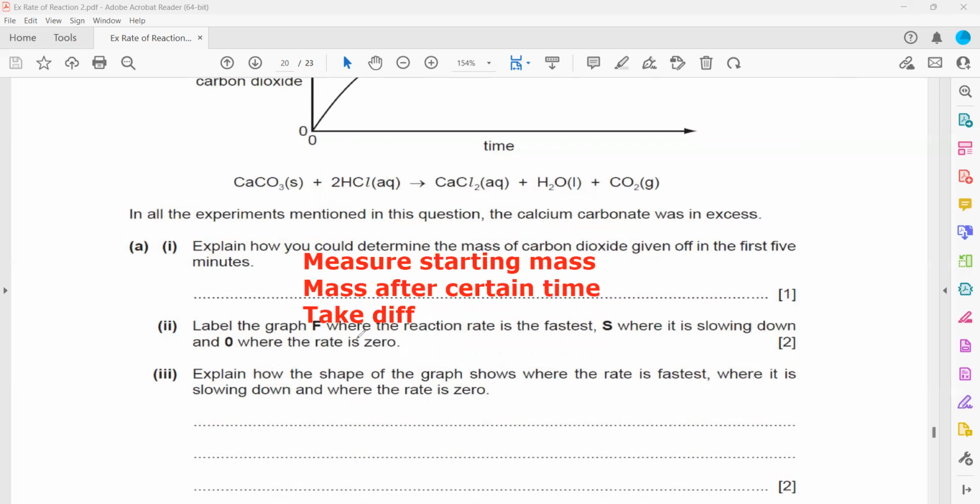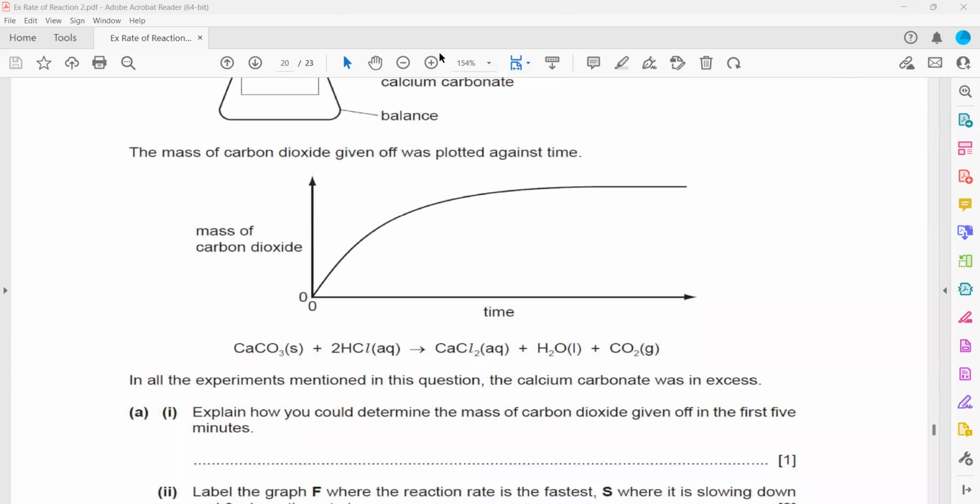Label the graph where the reaction is fast, slow, where it slows down, and zero, where the reaction stops. Use screen annotation to write F, S, and 0 on the graph. You have to mark a point and then write F. Don't draw the line, just mark the point.